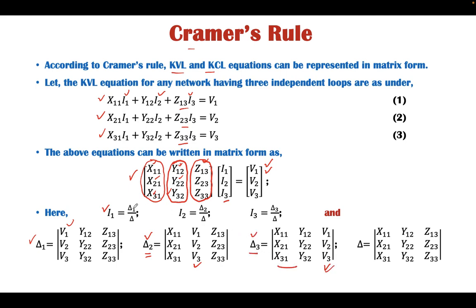Hence delta 1, delta 2 and delta 3 are calculated, whereas delta is the determinant of the original matrix. Then we can calculate I1, I2 and I3 using just multiplication and division, without the recursive equations. We can directly calculate I1, I2, I3.